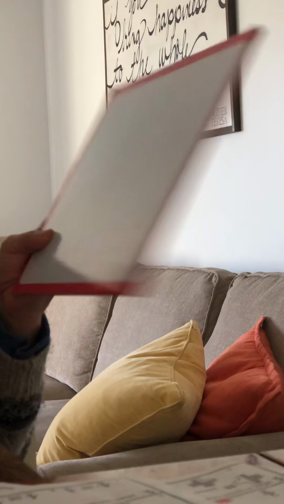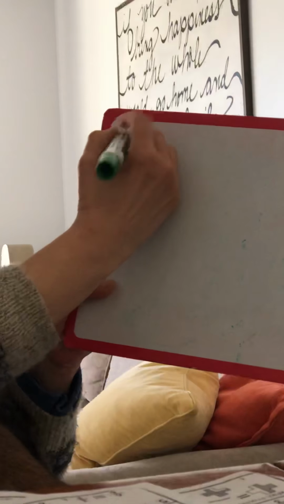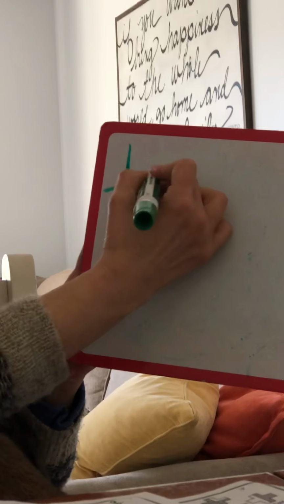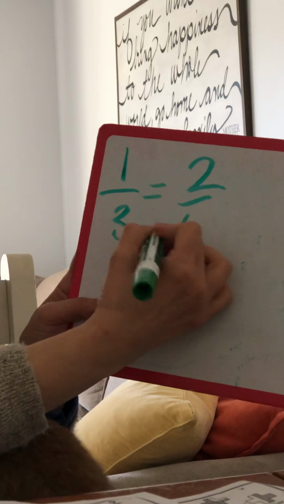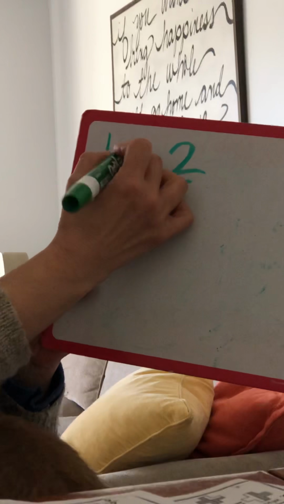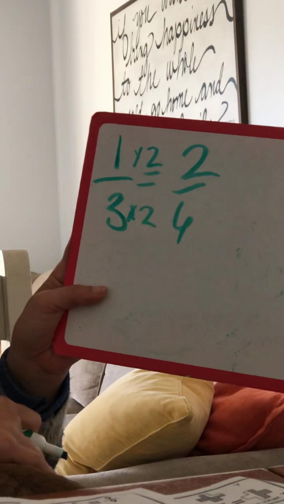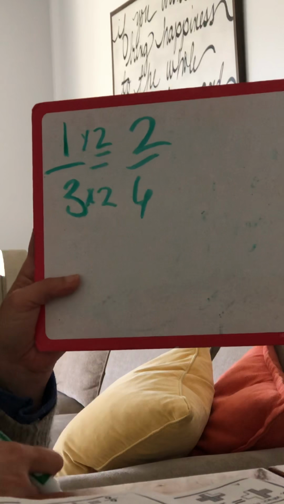I wonder if we can look at the last one. Maybe that's our answer. 1/3 is equal to 2/6. So 3 times 2 is 6, and 1 times 2 is 2. So 1/3 is equal to 2/6.